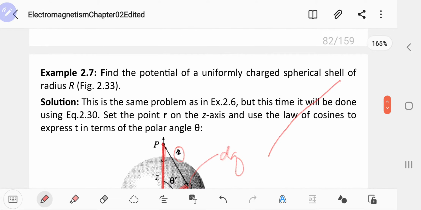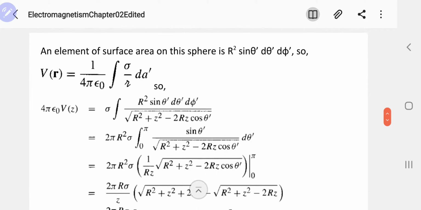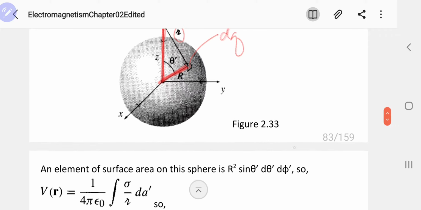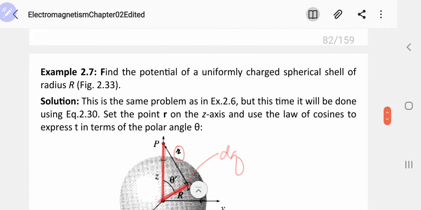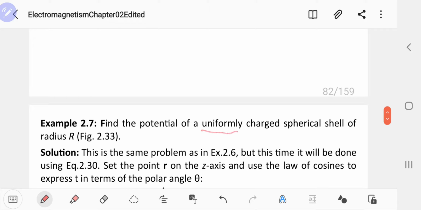Let's do it here. You can take sigma out of the integral because this is a uniformly charged spherical shell.